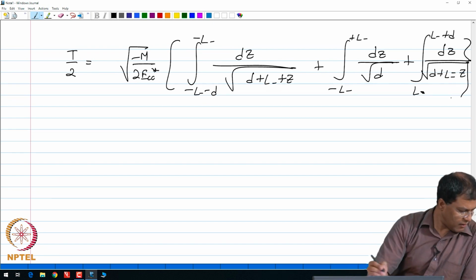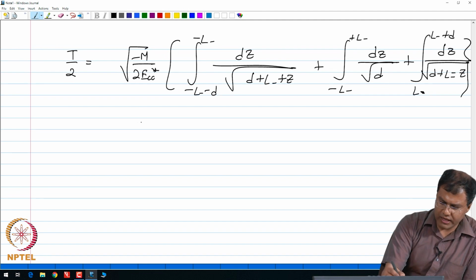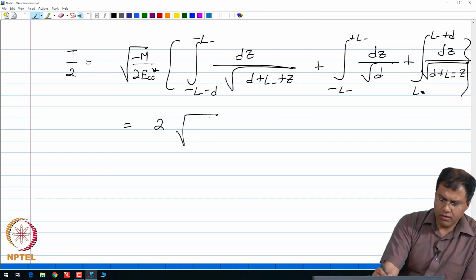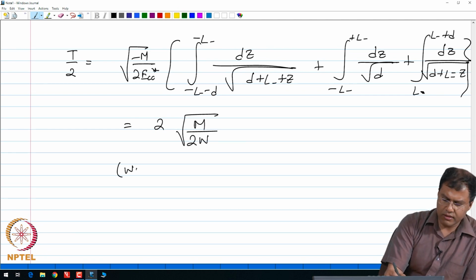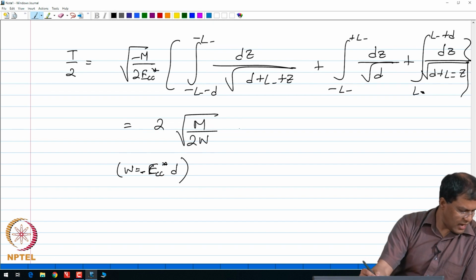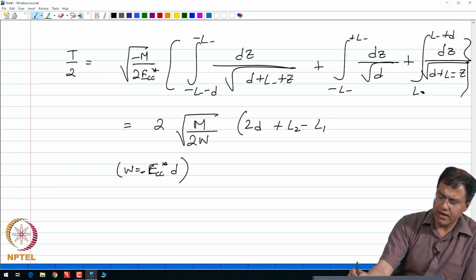When I complete the integral, I get 2 times the square root of m by 2 w, where w is E c c star times d with a minus sign, times 2 d plus L 2 minus L 1.